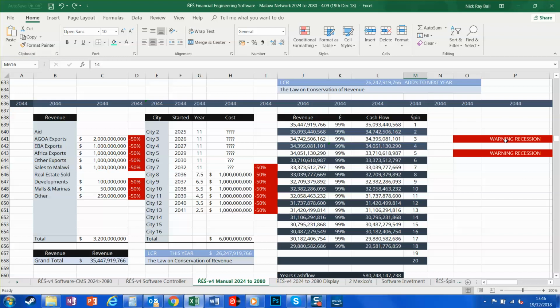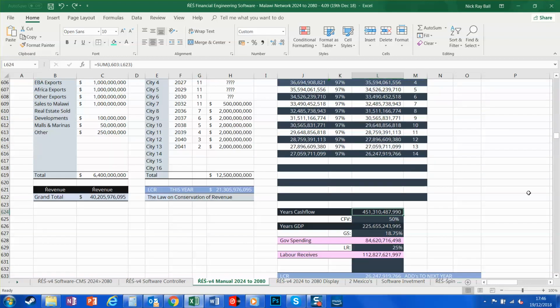The recession's in, and now we start seeing the lowering here. And I've boosted it up to 99 and spin 18.